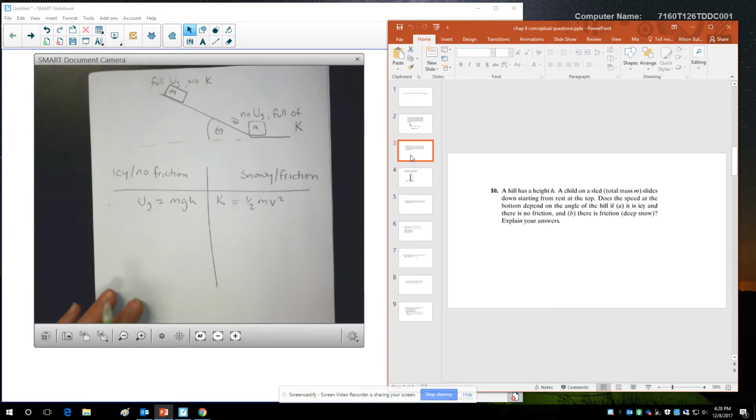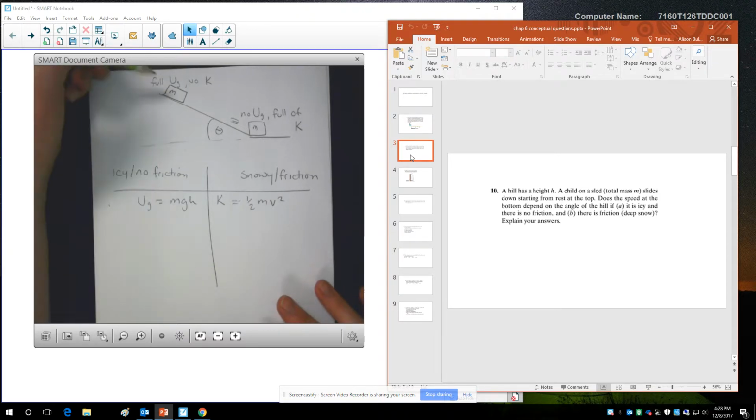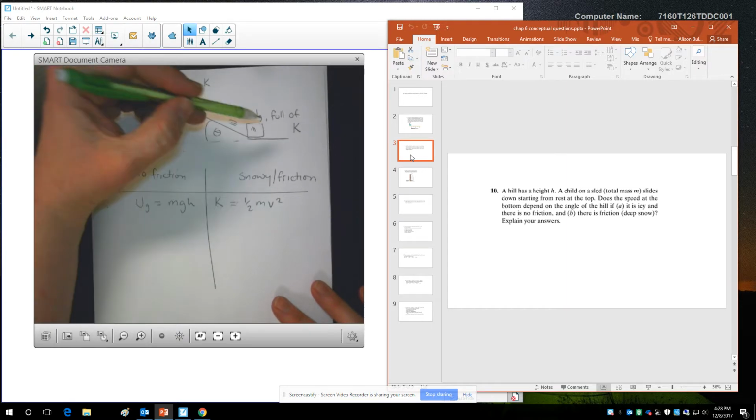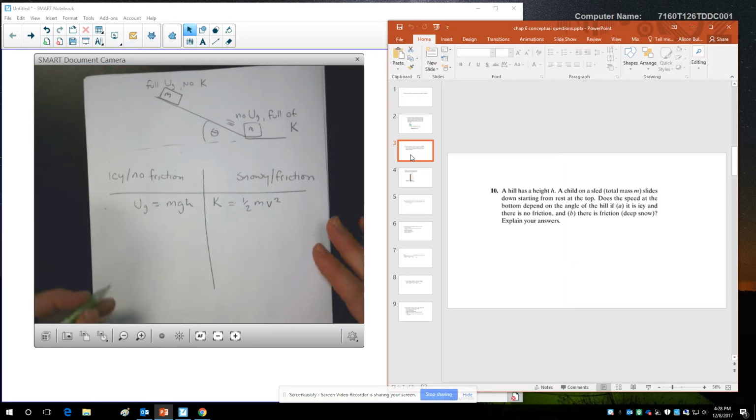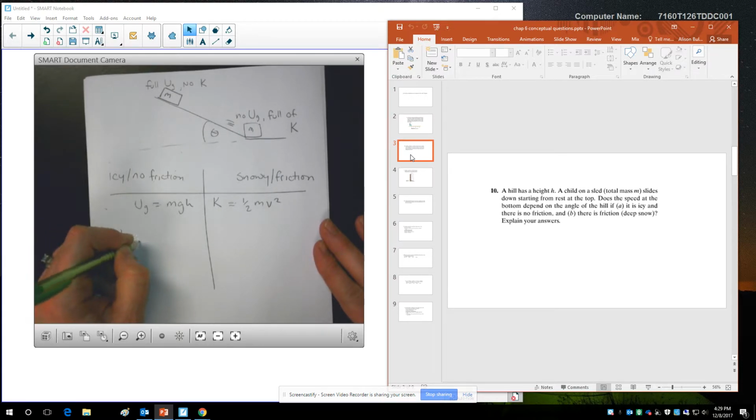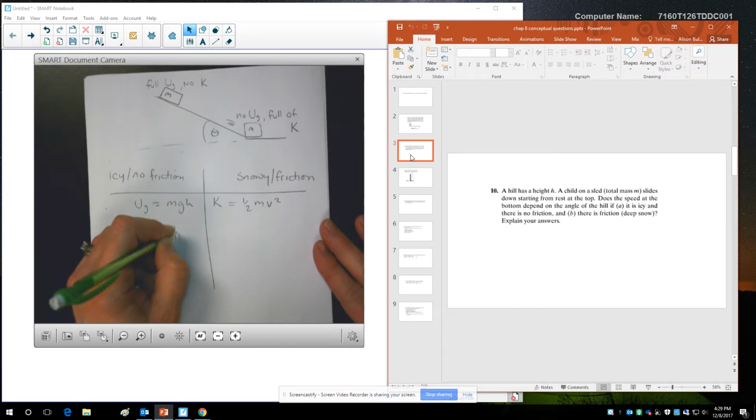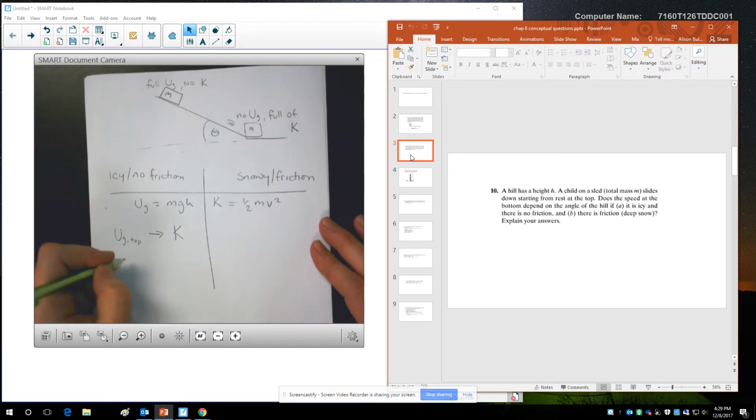In any case, icy, no friction, snowy with friction. In both cases, we have a kid who is starting with gravitational potential energy and ending with kinetic energy. So if there's no friction, then the mechanical energy at the top, the gravitational potential energy at the top, gets totally transformed into the kinetic energy at the bottom with no losses. Totally transformed.